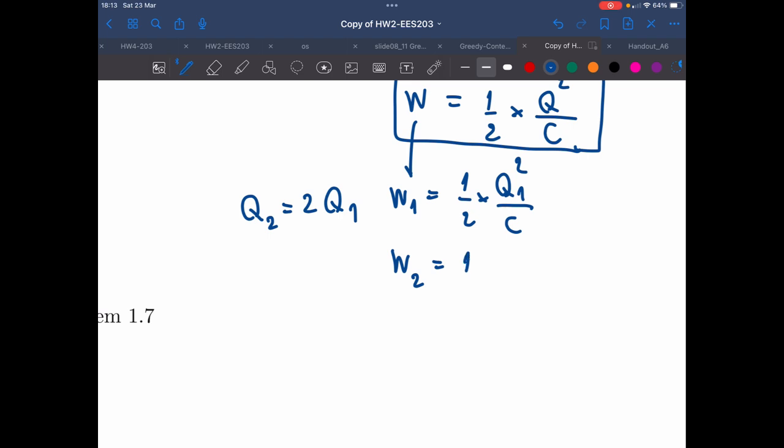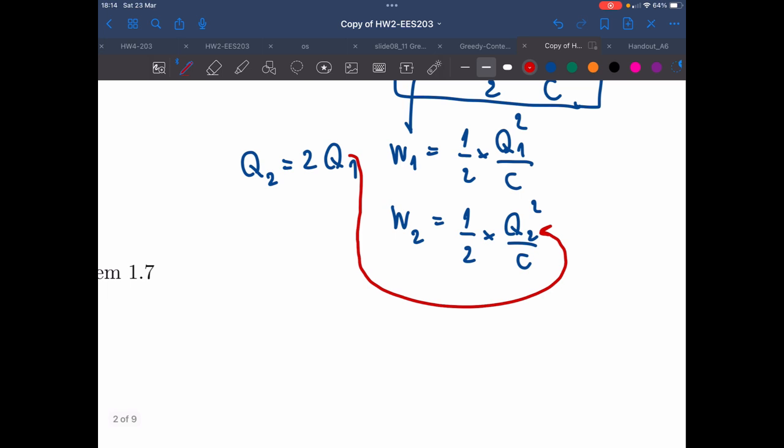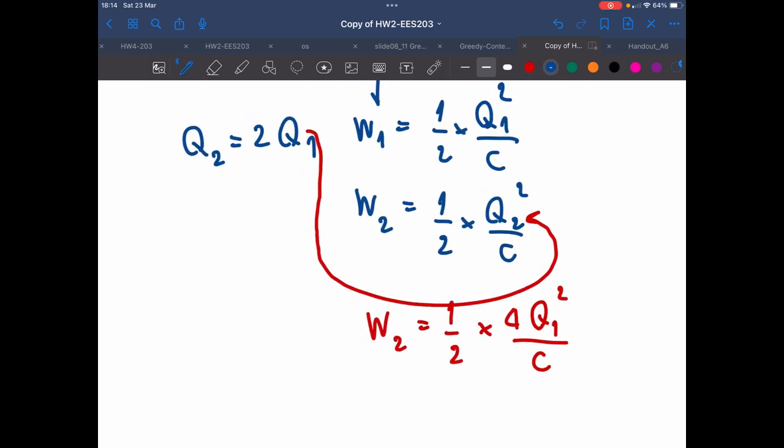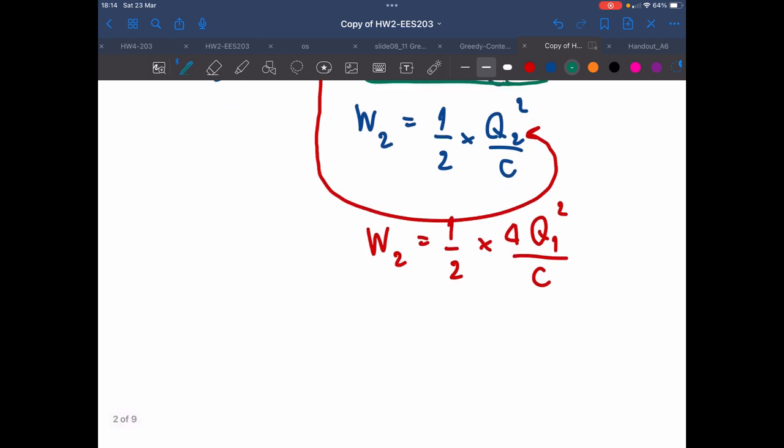Work 2 equals 1 divided by 2 times Q2 squared over C. We substitute this variable Q2 in here so that we could get the work for the total charge, which is doubled, in the form of Q1, times 4. Do you see something that looks familiar? You see this equation? We're going to sort it somehow.